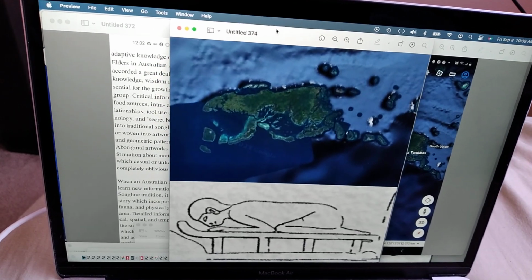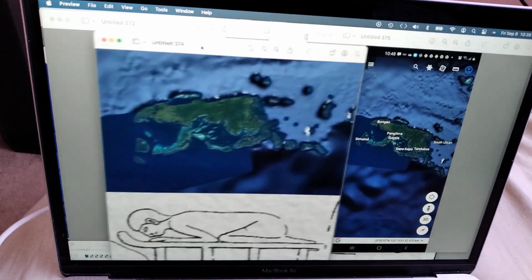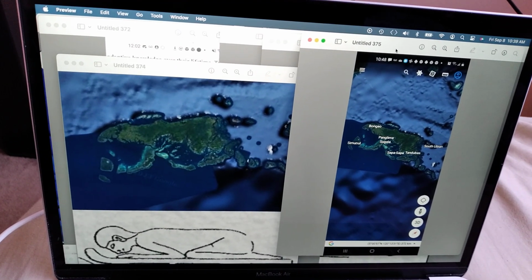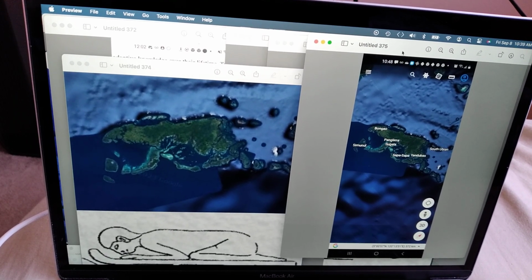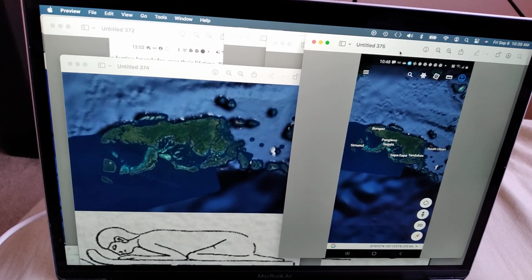So that certainly is very plausible. This is probably also Indonesia. I think it's somewhere near Papua and maybe Sulawesi.